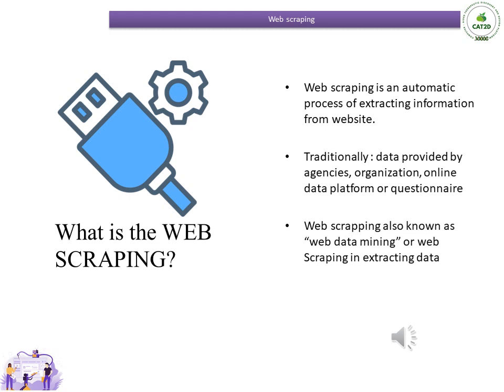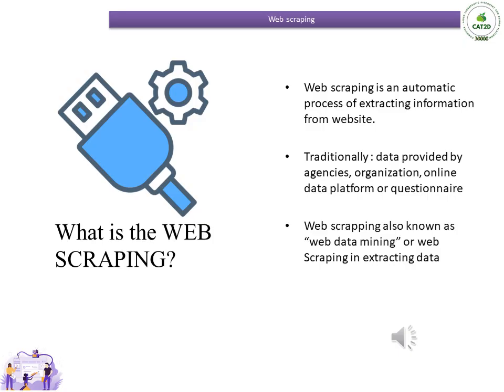What is web scraping and what does it entail? By definition, web scraping is often referred to as web harvesting or data extraction. That is the automated process of extracting valuable information from websites.